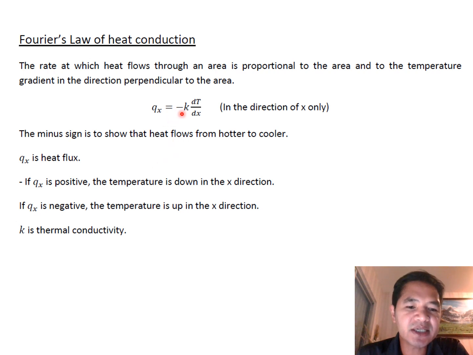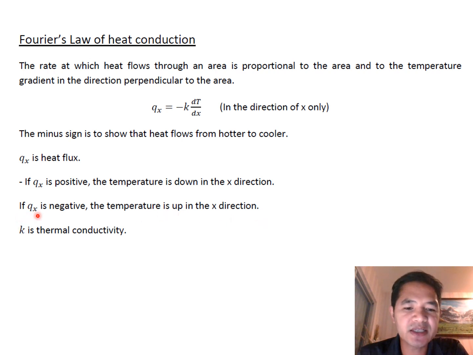The minus sign shows that heat flows from the hotter area to the cooler area. So if q_x is negative, that means the temperature increases in the x direction.